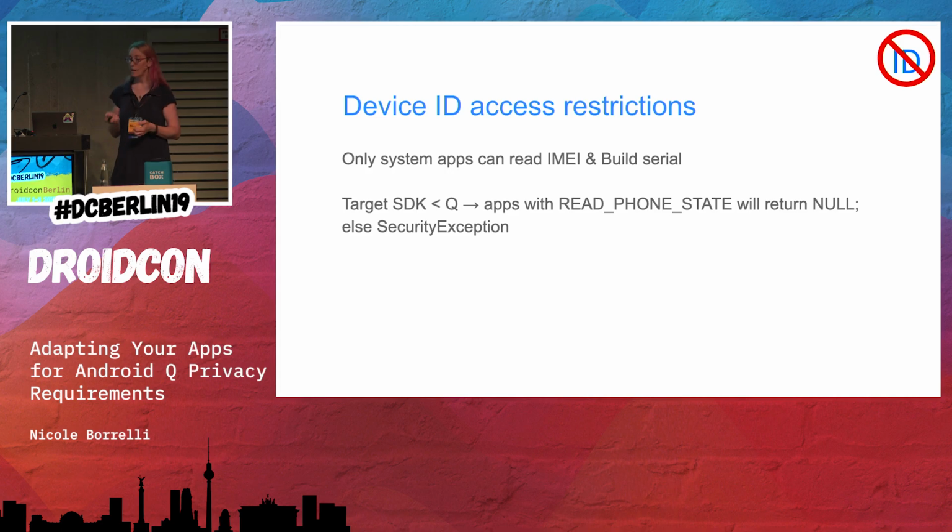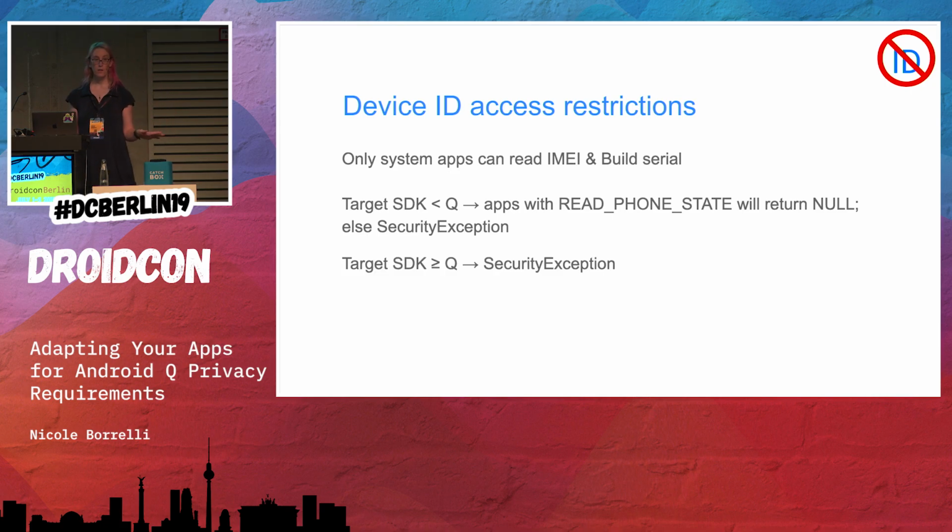If your target SDK is less than Q, and you have read phone state, and you try to get the IMEI, it will return null. If you don't have the permission, you'll get a security exception like you would in the past. If you target Q or higher, then you'll get a security exception regardless. So make sure to test your apps thoroughly once you do start targeting Q.